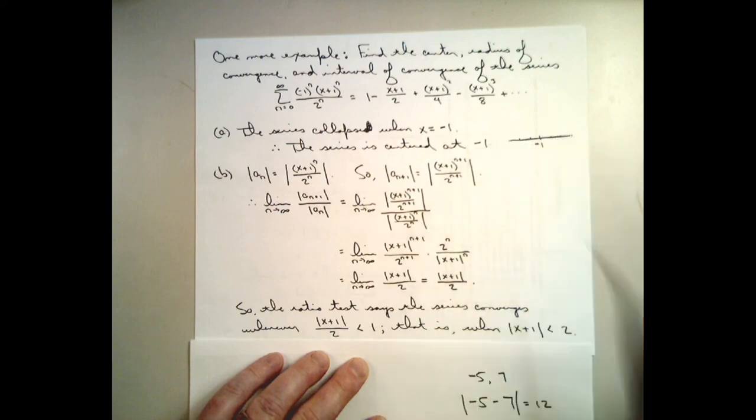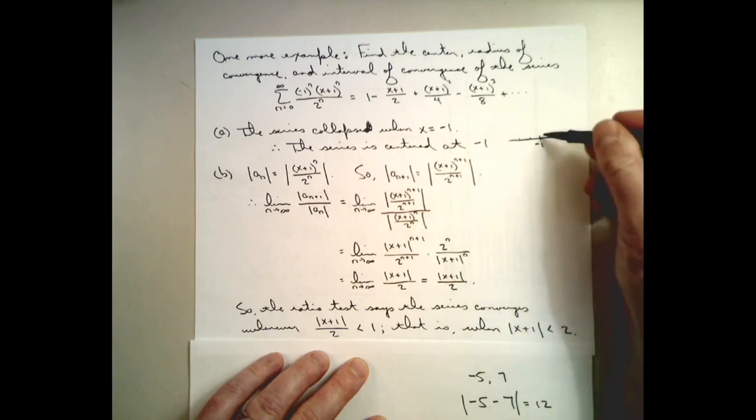But -1 was my center. And so this tells me that my series is going to converge whenever x, the distance that x is from -1, is less than 2. That tells me that 2 is my radius of convergence. Here's -1.